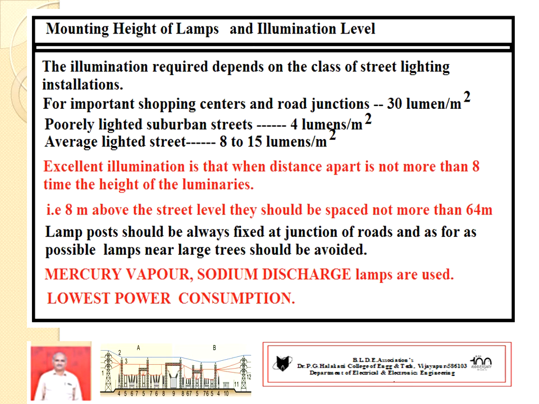For important shopping centers and road junctions, the minimum illumination level required is 30 lumens per meter square, whereas for poorly lighted suburban streets, the illumination level required is 4 lumens per meter square. Then an average lighted street requires 8 to 15 lumens per meter square.